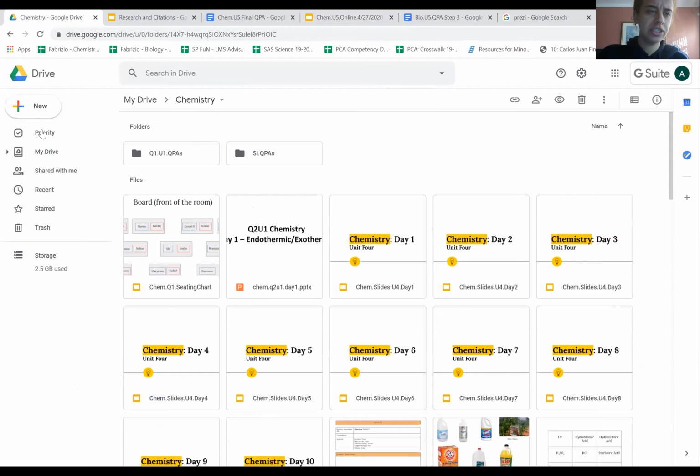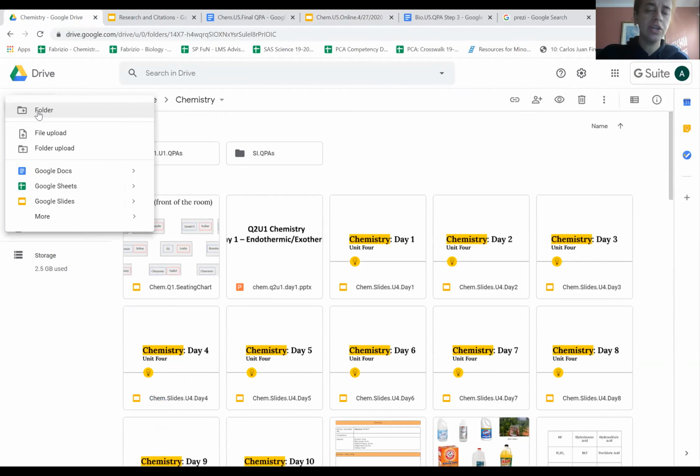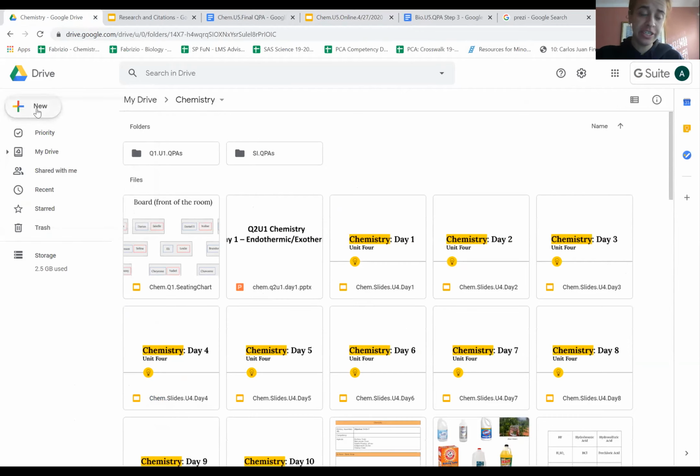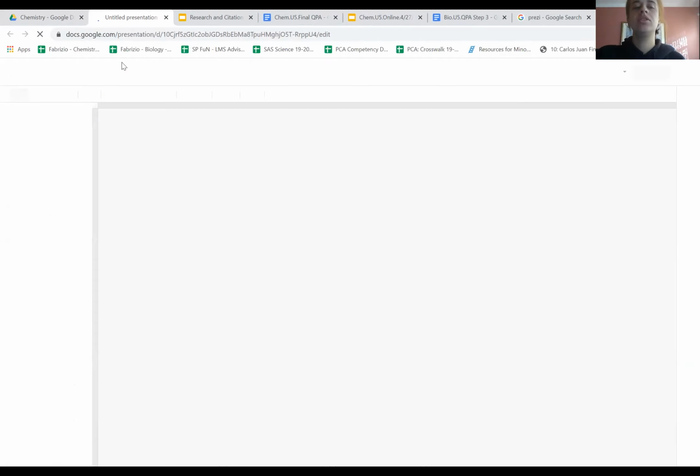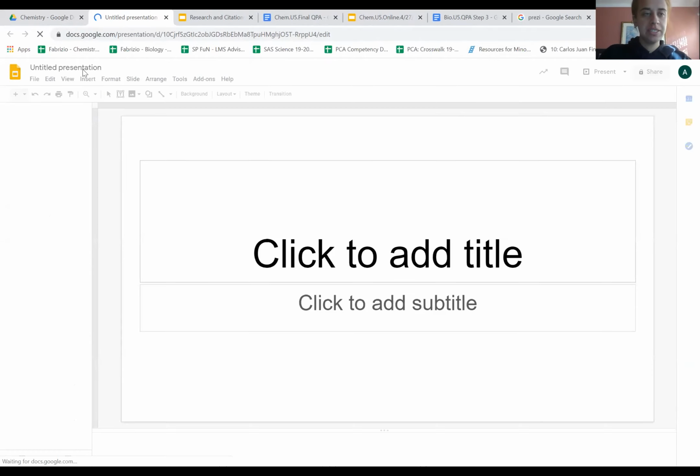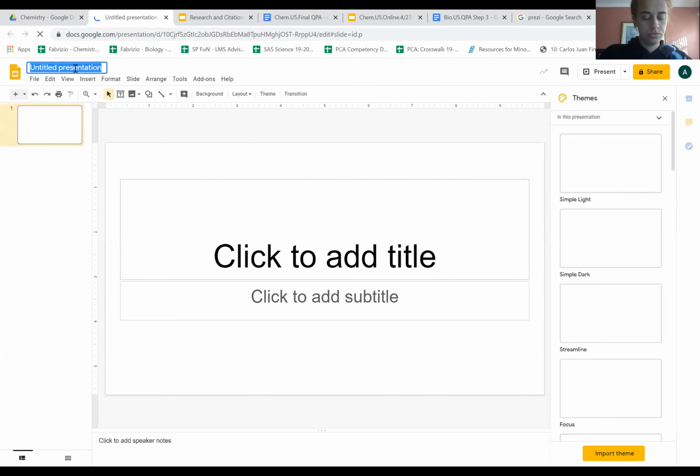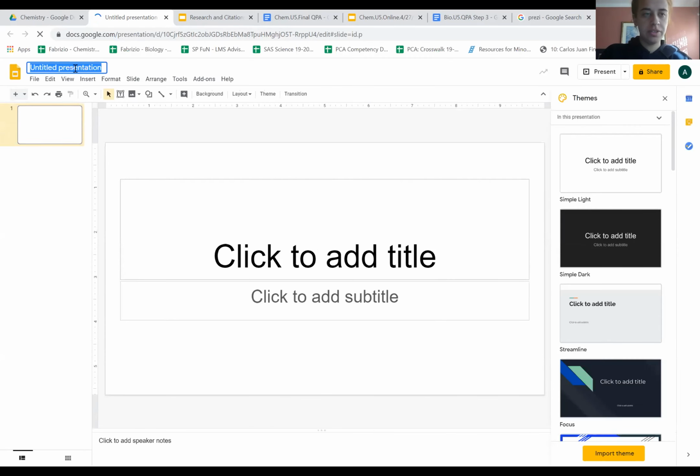So go into your Google Classroom, go into your Google Drive, and then you can click on New up here in the left-hand corner, and it'll say Google Slides. You create Google Slides, and you would name it something, for example, Unit 5. We'll put your name, so Fabrizio, Unit 5, QPA. That's what you can name it.